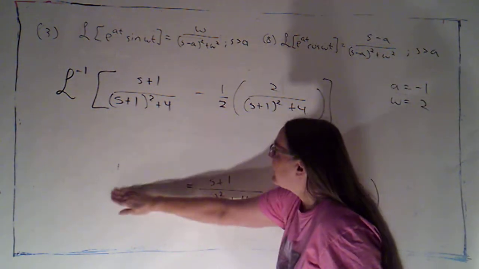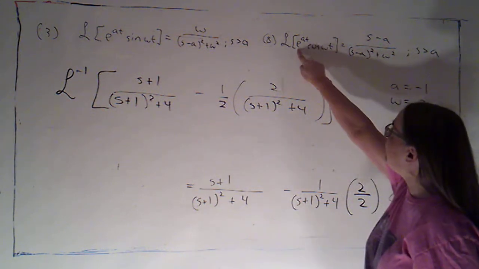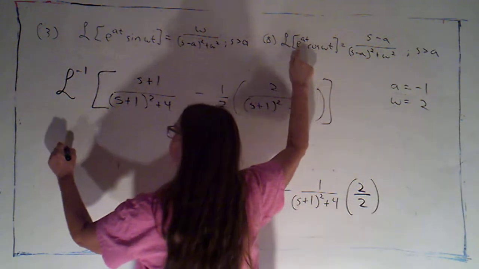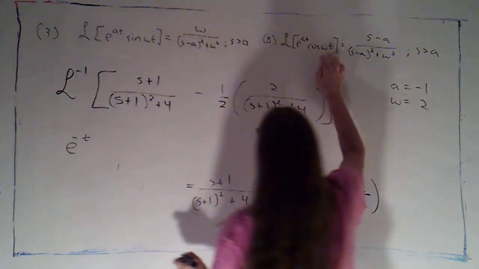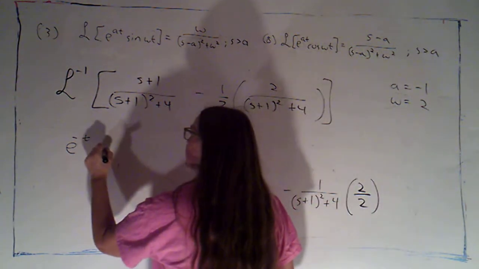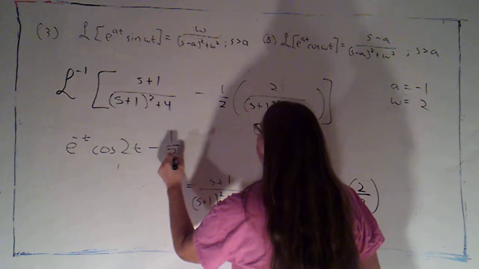So here I'm using formula 8, so I'm going to be getting e to the at, so that's e to the negative t, times cosine omega t, so times cosine of 2t, minus 1/2.